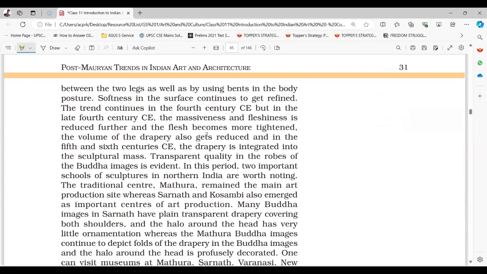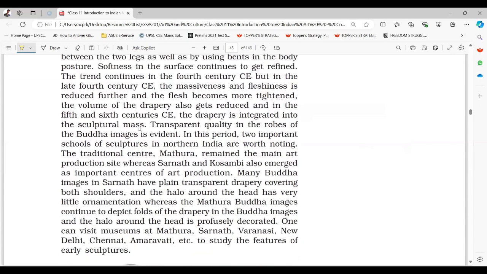The volume of the drapery also gets reduced, and in the 5th and 6th century CE, the drapery is integrated into sculptural mass. The transparent quality in the robes of the Buddha images is evident. In this period, two important schools of sculptures in northern India are worth noting.